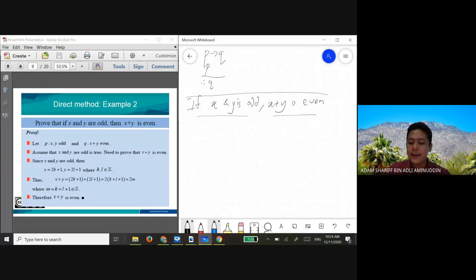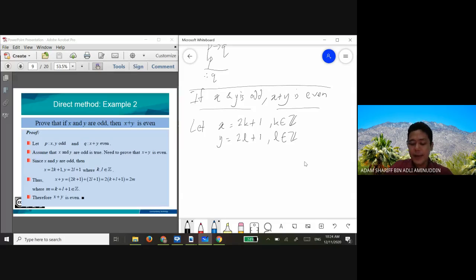So, let's assume that X and Y are indeed odd. So, X equals to 2K plus 1 and K can be any integer. And some of you guys says that you confuse K1, K2, tak apa. You can use other alphabet, let's say 2L plus 1. L ni L saya, integer.